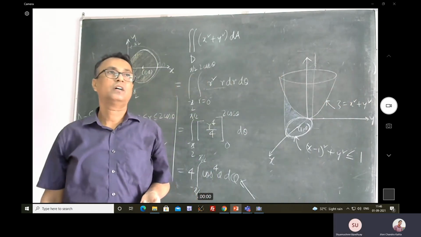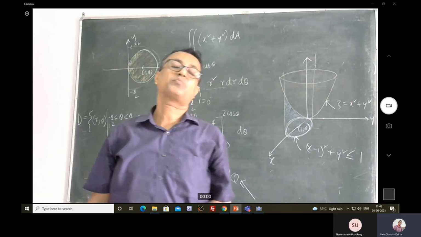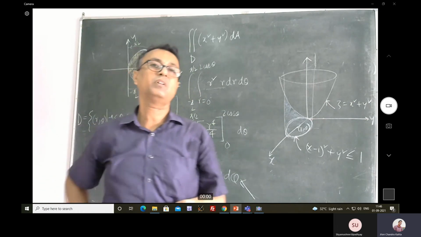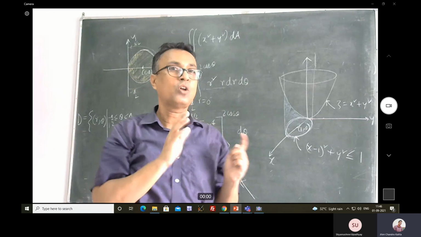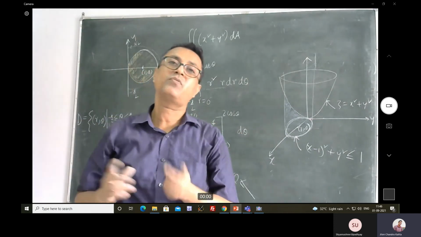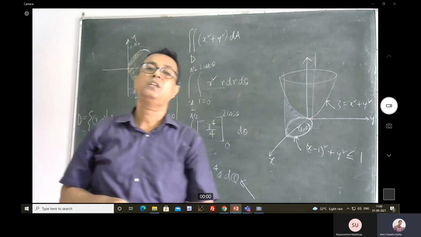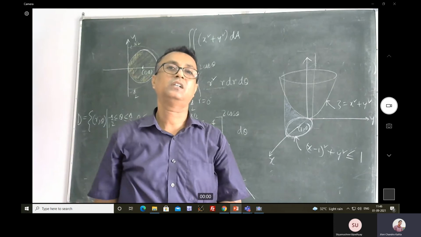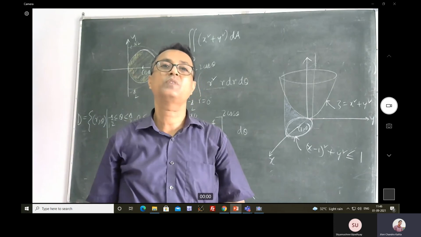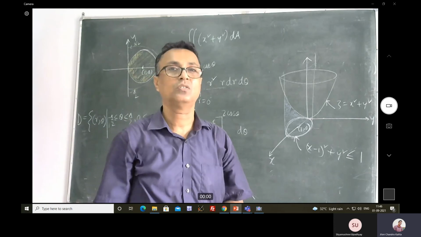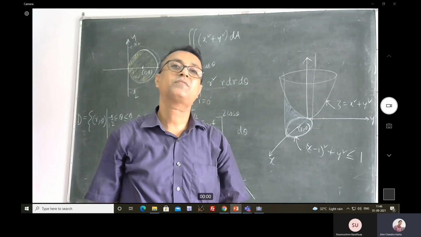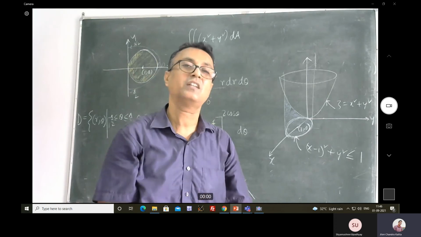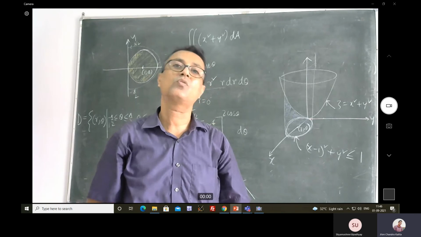If the domain can be expressed both in terms of type 1 and type 2, then not only for polar coordinates, even for Cartesian coordinates also, you simply look at the integral, which way is going to be easier to work out. Then you go for the easier one. If type 1 gives you the easier part, then you go for that. And if type 2, you go for that.